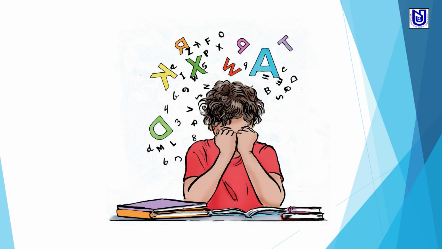These difficulties can be caused by a range of factors including learning disabilities such as dyslexia, poor reading instruction, lack of exposure to books, and other underlying conditions such as attention deficit hyperactivity disorder or visual impairment. Reading difficulties can manifest in various ways, including slow or inaccurate reading, difficulties with reading comprehension, problems with decoding unfamiliar words, or low reading fluency.